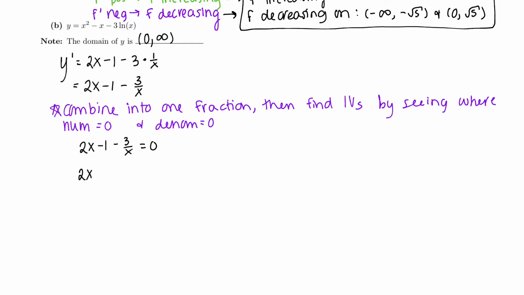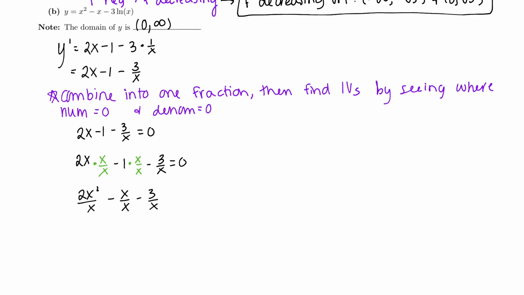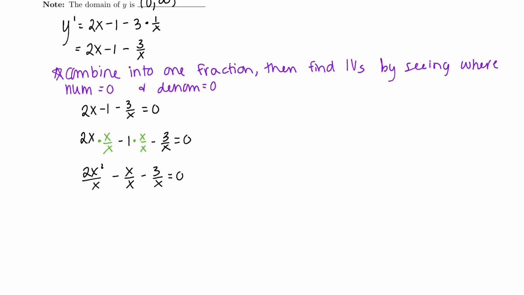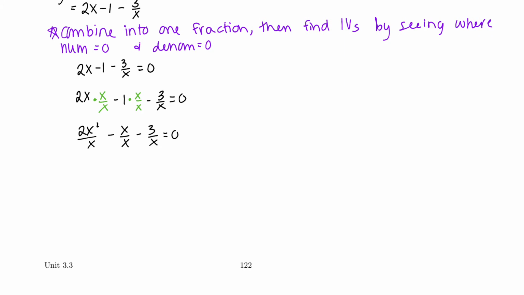So you have 2x, and you can multiply it by x over x, minus 1 times x over x, minus 3 over x equal to 0. So you get 2x squared over x minus x over x minus 3 over x. They can be combined into one fraction, so 2x squared minus x minus 3 over x equals 0.